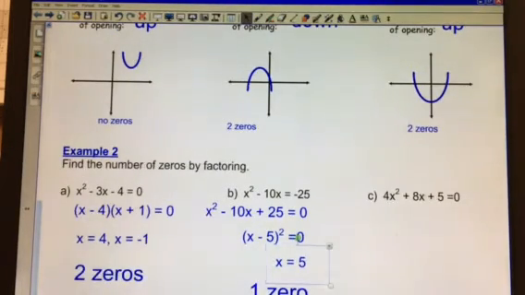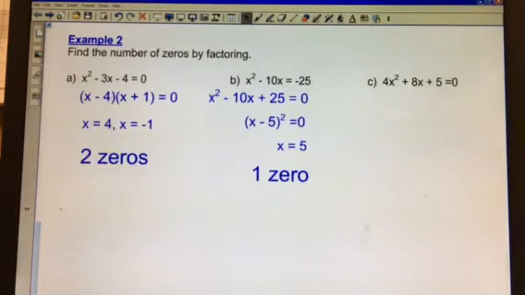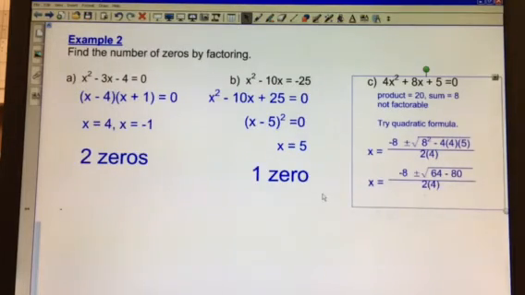In our last example, which is 4x squared plus 8x plus 5 equals 0, we will try to factor this, but the product and sum of this quadratic function will be 4 times 5, 20. The sum will be 8. So this is not factorable. So we'll try using the quadratic formula to see if there are any zeros in this quadratic function.